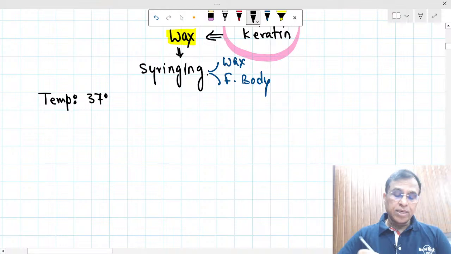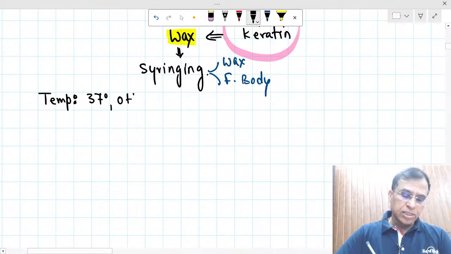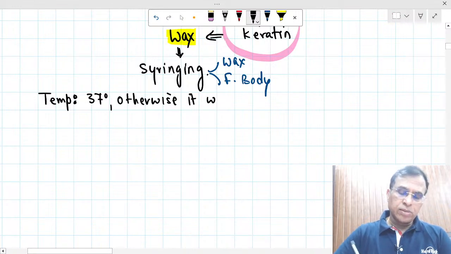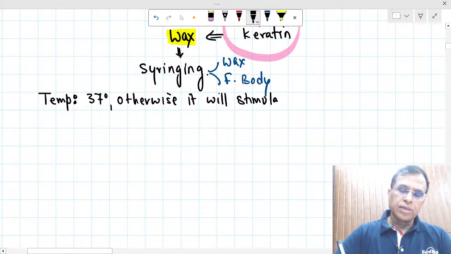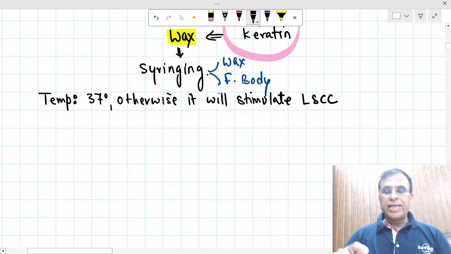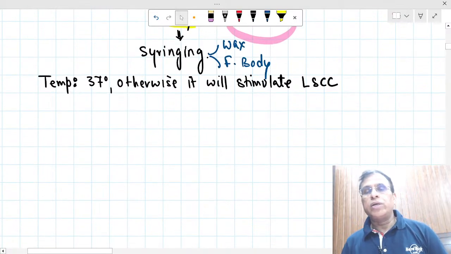Body's temperature is. Otherwise, what will happen? Suppose the temperature is not this one, otherwise it will stimulate what? LSCC. What is LSCC? LSCC is lateral semicircular canal.